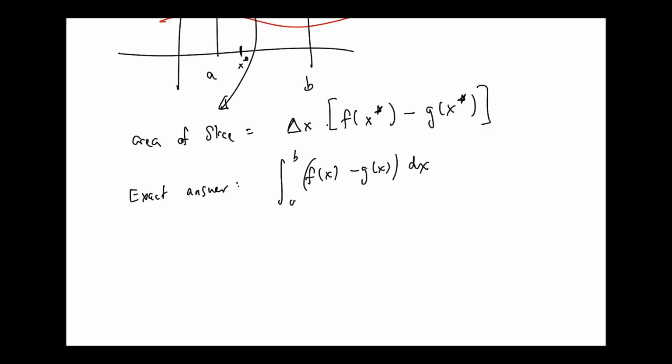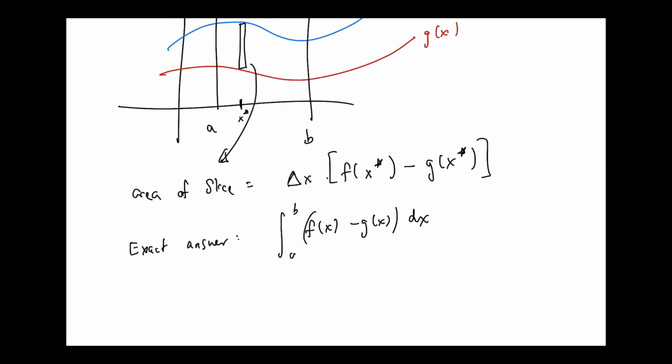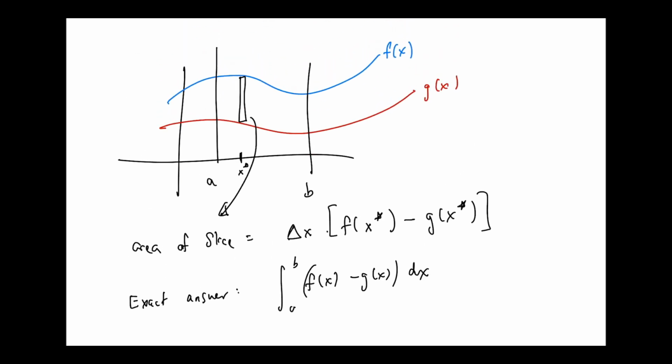Now, I say the slicing business, so let me go back up to my picture here. Is that the only way I could have done this? What would be another way?